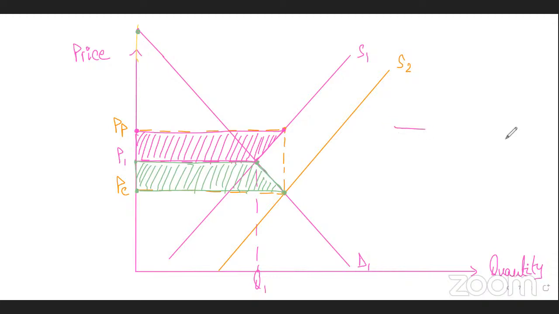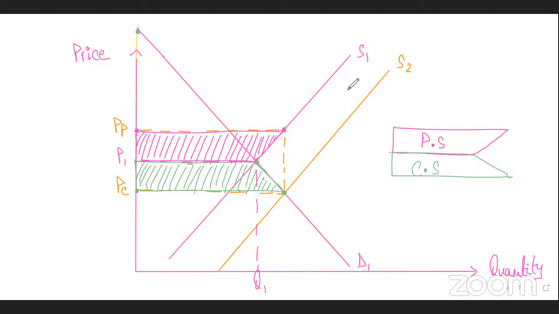Does it make sense? So this was gain in consumer surplus, this low one, and this upper one is your gain in producer surplus, right?